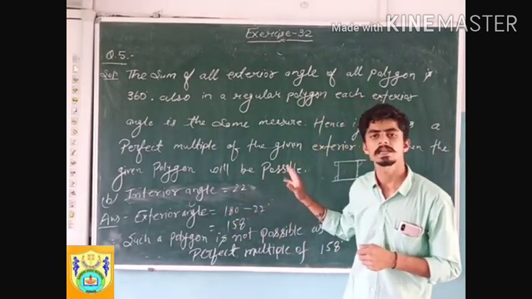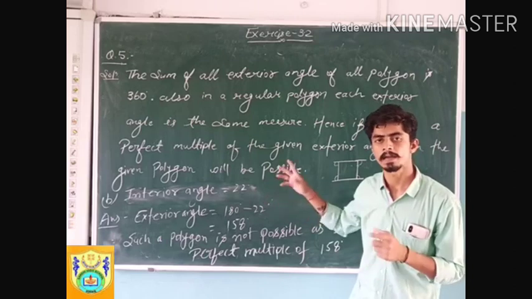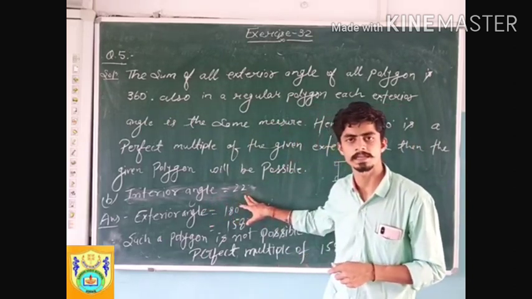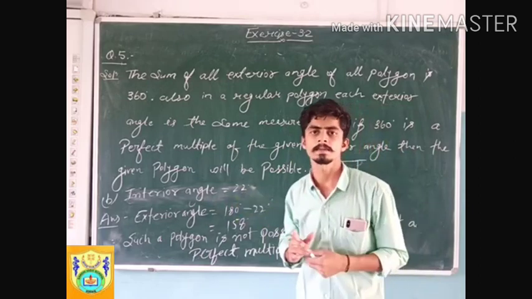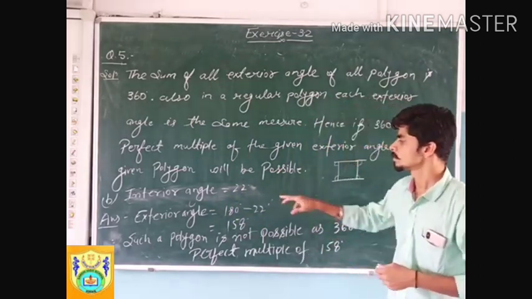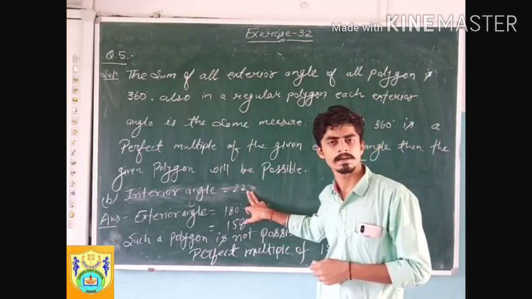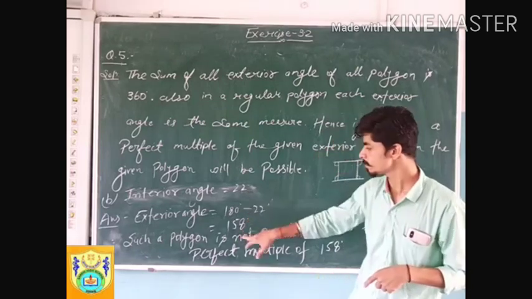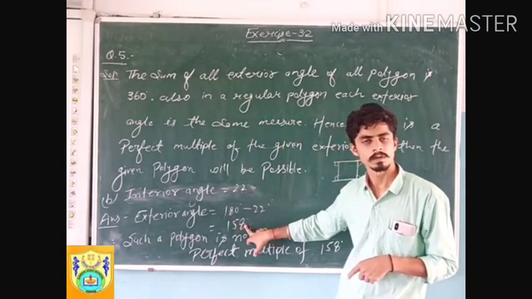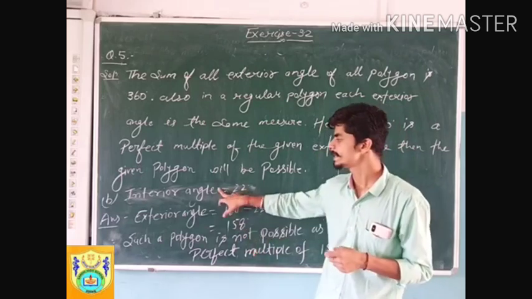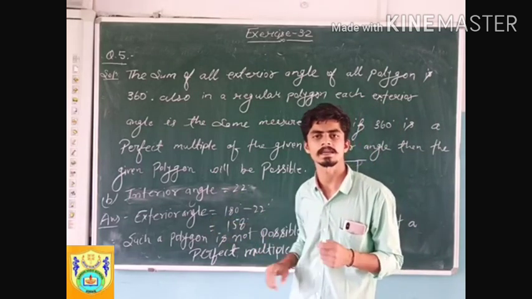In the previous question we had to tell whether the polygon is possible if the exterior angle is equal to 22 degrees. Now in this question, if the interior angle is equal to 22 degrees, is the polygon possible or not? Here the interior angle is given, so firstly we have to find the exterior angle. The exterior angle is 180 minus 22, which is equal to 158 degrees, because the interior and exterior angles make a linear pair.